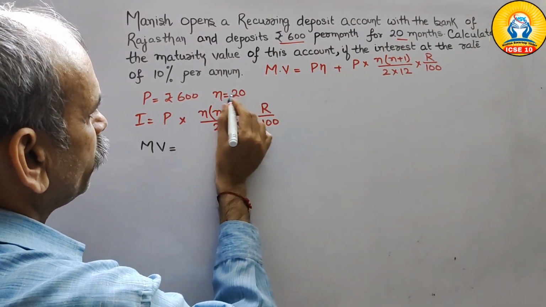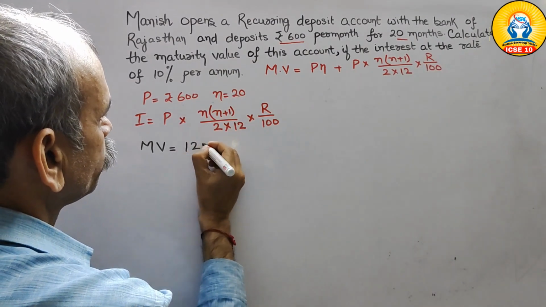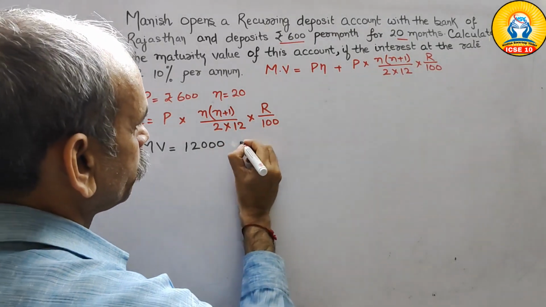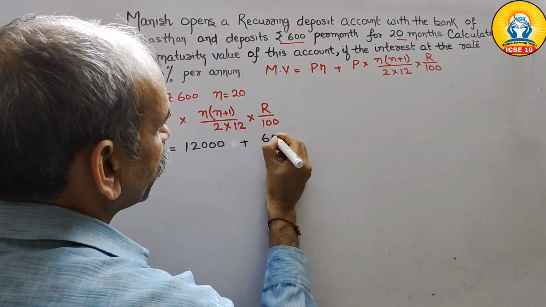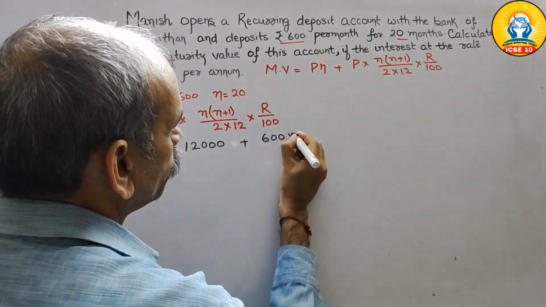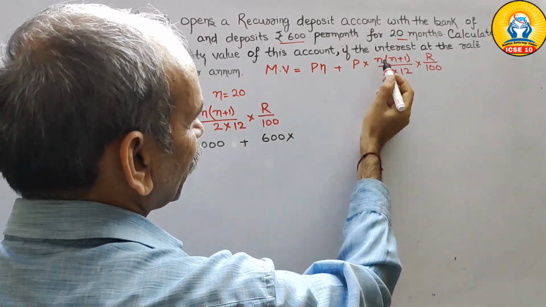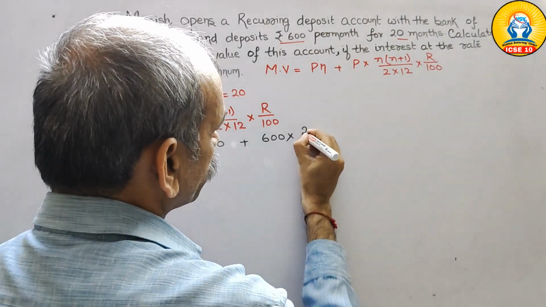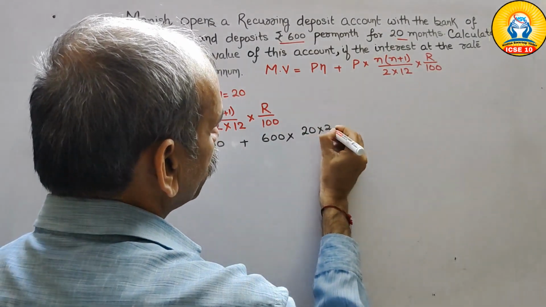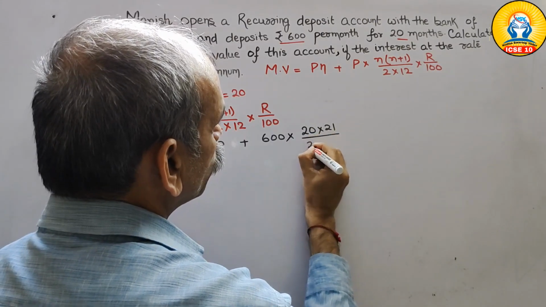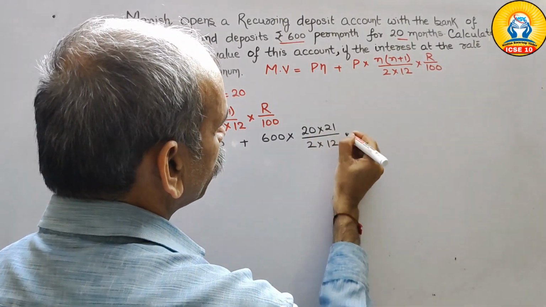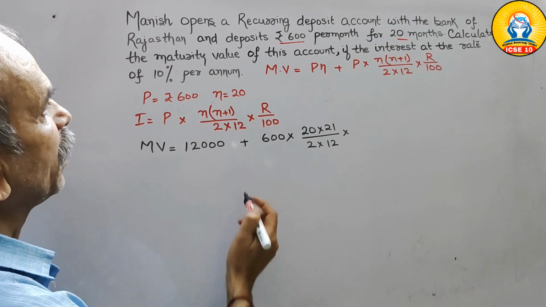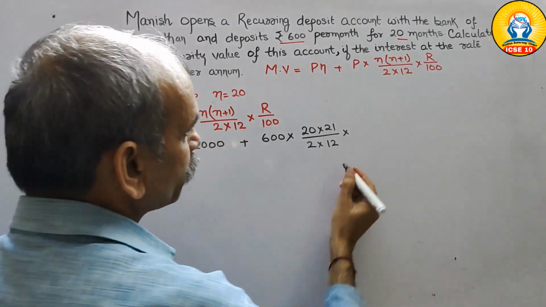PN, so we will get 12000, plus P is 600 into N is 20, 20 into 21 by 2 into 12 into R. R they have given you 10%, so 10 by 100.